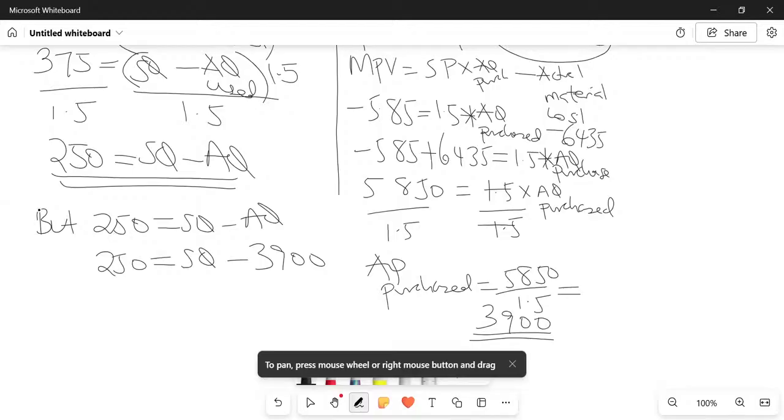So I can take this minus 3,900 to the other side, so it will be 250 plus 3,900 equals SQ. So SQ at the end of the day will end up giving us 4150.